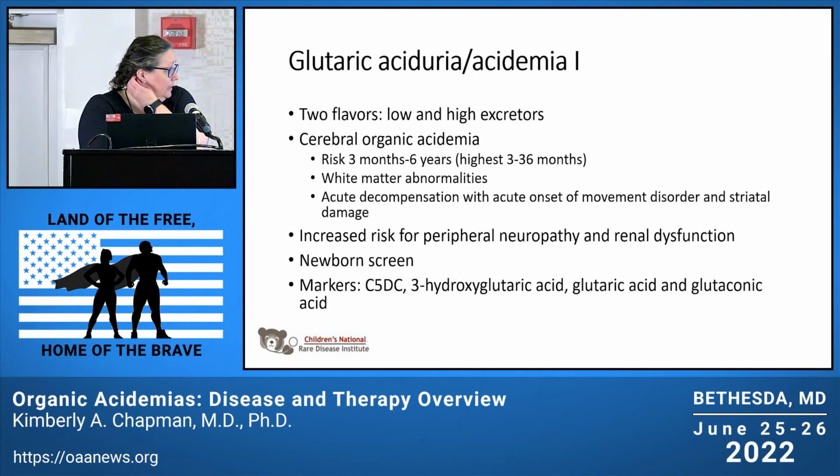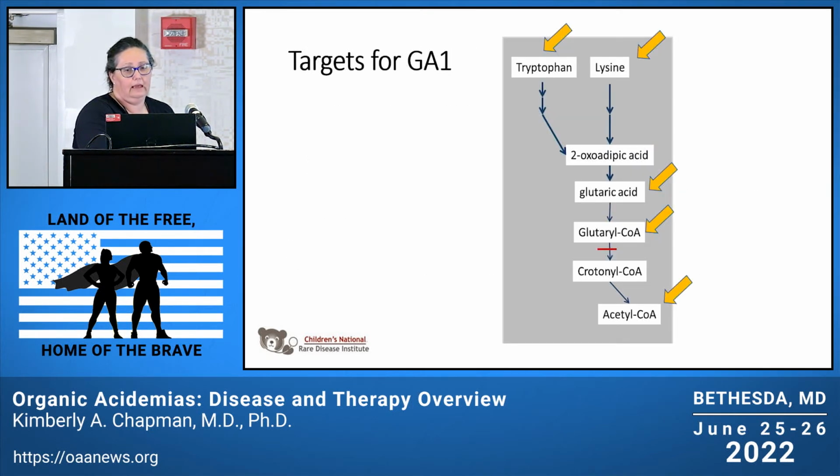This is a newborn screening disorder, and that's the predominant way in the United States that we identify it, but confirmation can be very difficult with the low excretors, and then the markers are C5DC, 3-hydroxyglutaric acid, and glutaconic acid. And here is the target for this particular disorder.